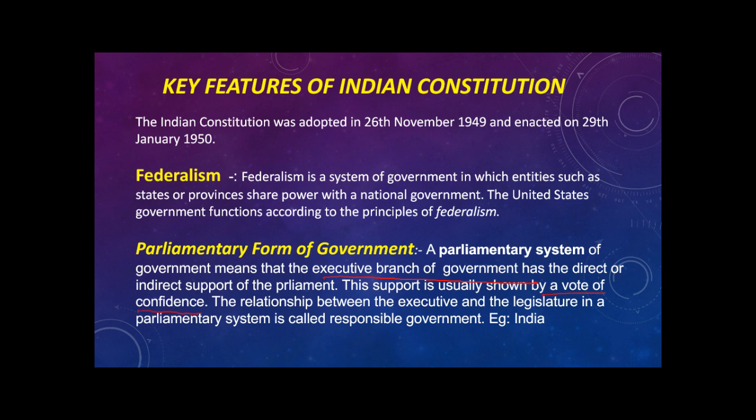It means if any bill is presented, the majority of the members has to confirm, and only then will the bill be passed. The relationship between the executive and the legislative in the parliamentary system is called responsible government. Like India, we are following this parliamentary form of government.